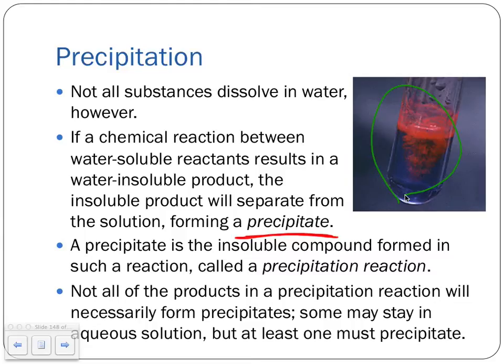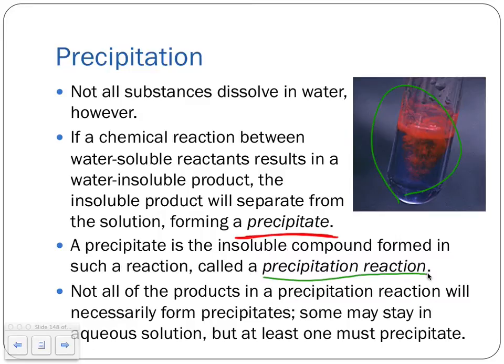They have precipitated out. This type of reaction, which can be any of the other types of reactions we talked about before, single displacement, double displacement, things like that, but any of those types of reactions that form at least one precipitate are called precipitation reactions.